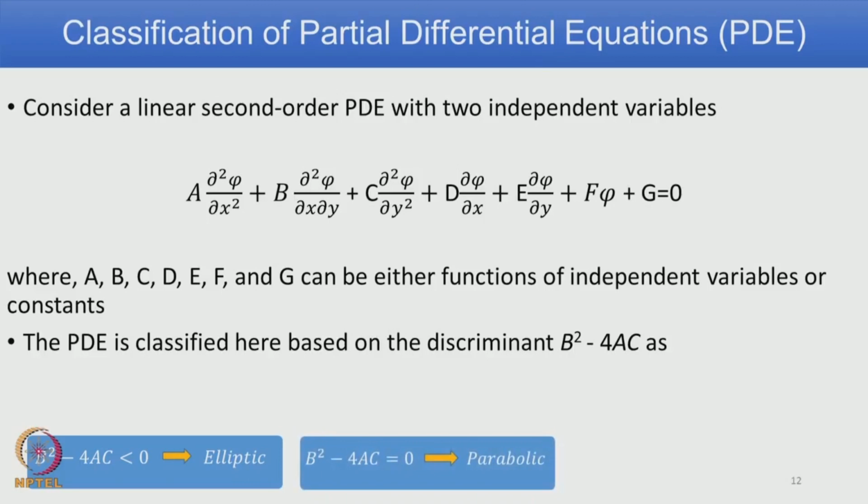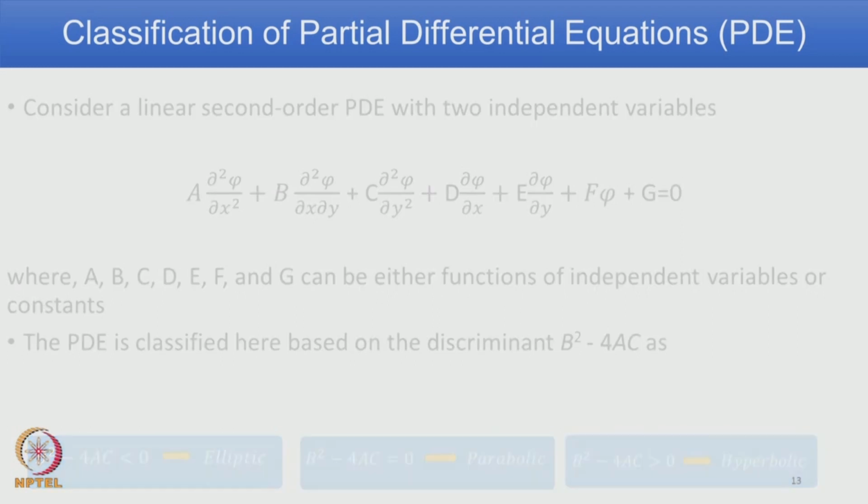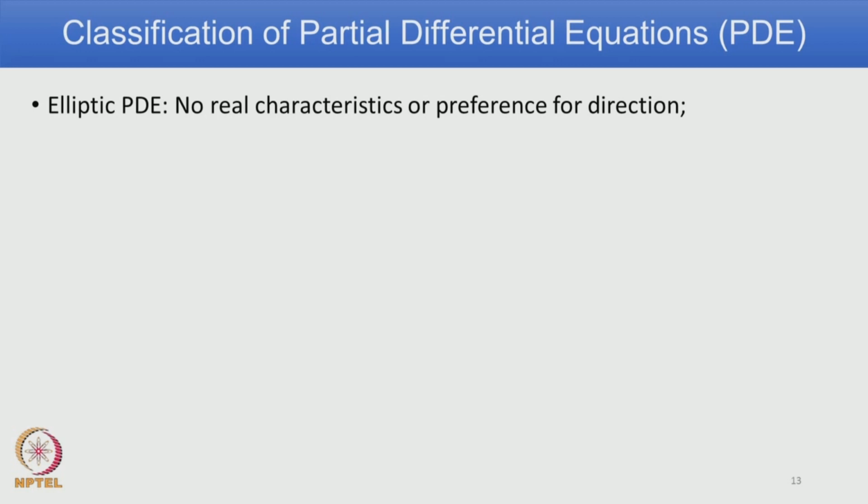Similarly, if b squared minus 4ac is equal to 0, then it is parabolic, and if b squared minus 4ac is greater than 0, then it is hyperbolic. Now, we are going to see details of this. So, in elliptic PDE there are no real characteristics, there is no specific direction preference.